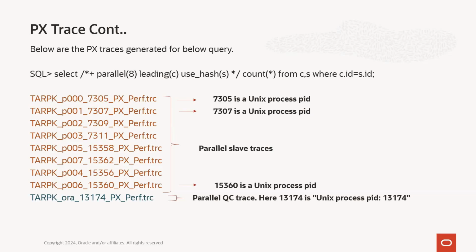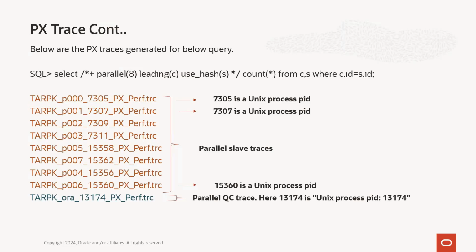In this case, we are seeing the trace names, the one starting with P007305 pxperf.trace. The ones starting with P00 are slave traces, called parallel slave traces. The one at the end, ora_13174, is a QC trace, that is, a query coordinator trace.